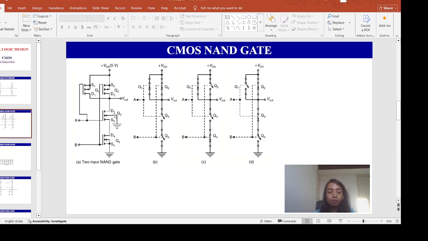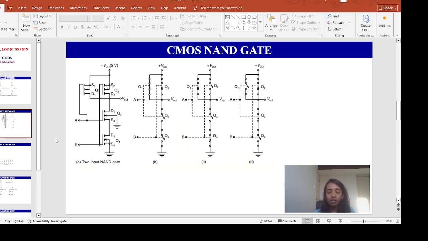VGS3 will be plus 5 volt, and VGS4 will be 0 volt. So in this condition, Q1 will be off, Q2 will be on, Q3 will be on, and Q4 will be off. So this switching circuit is shown in figure D, and in this condition Vout will be plus 5 volt, right?